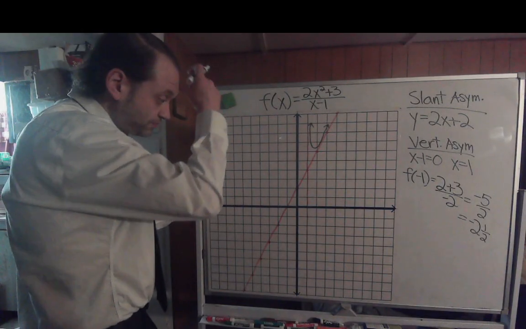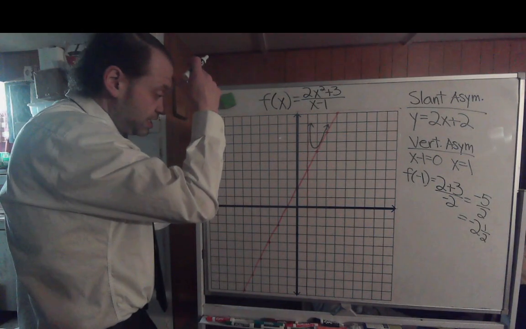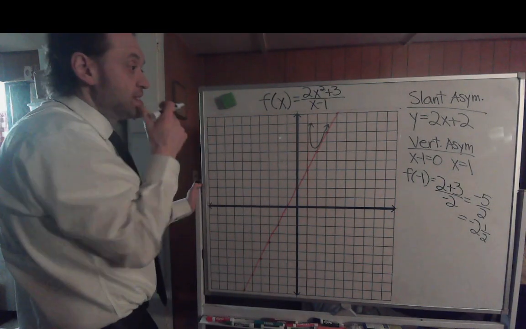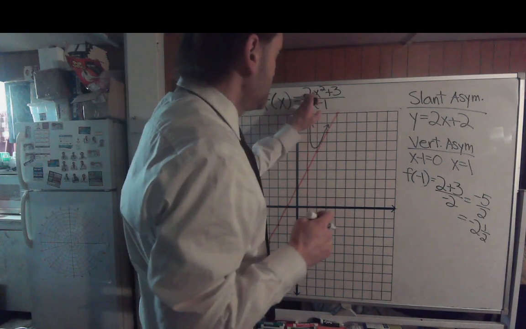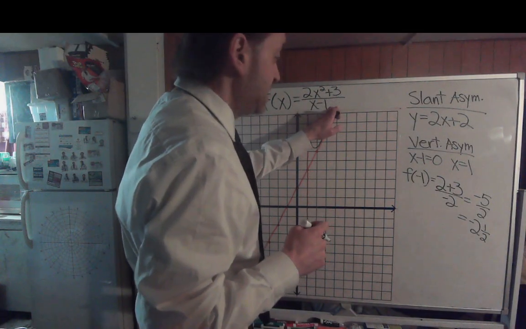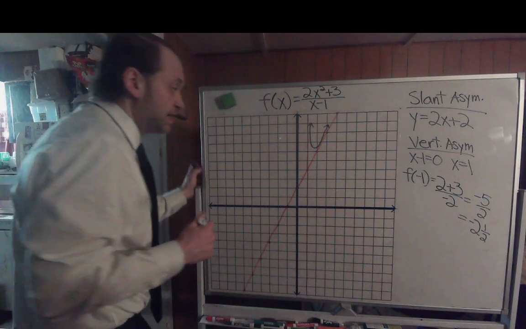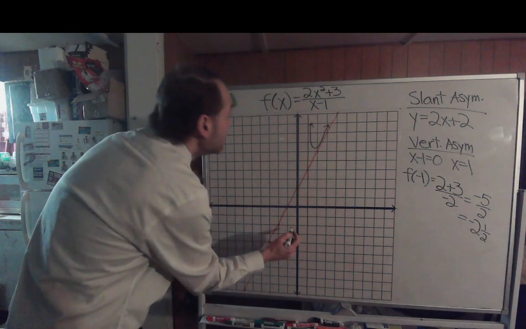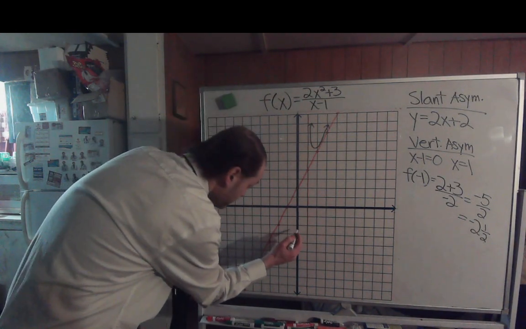So 2 plus 3 is 5 divided by negative 2, I'd end up getting negative 2.5.